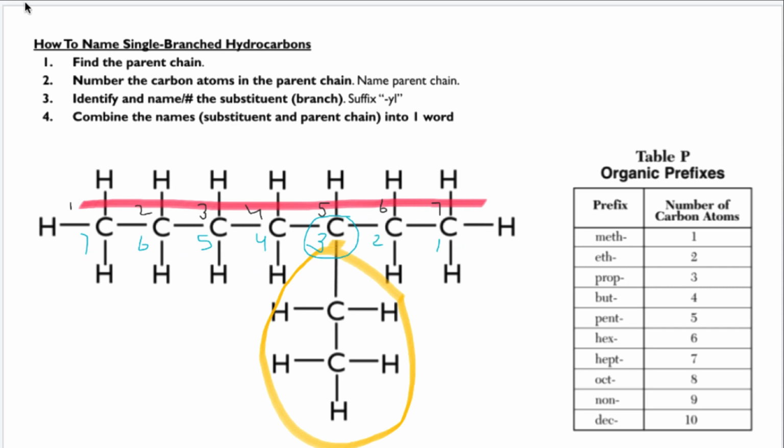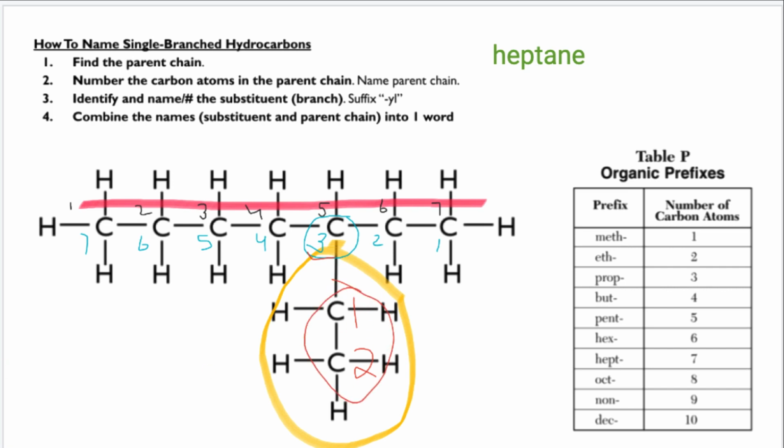Now I want to name my parent chain. So my parent chain has 7 carbon atoms, and according to my prefix table over here, that makes it heptane. And I want to identify and name my substituent branch. So I'm going to count my atoms over in my substituent branch over here. They're coming out of carbon number 3, and there are 1, 2 carbon atoms in that substituent chain.